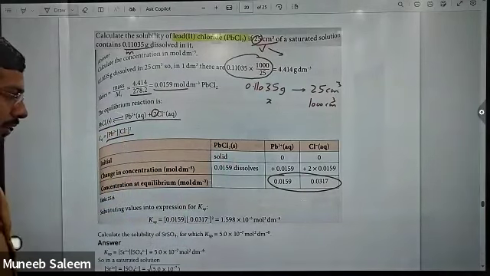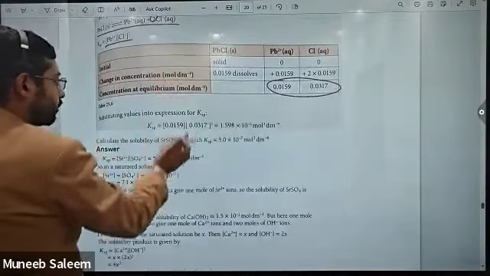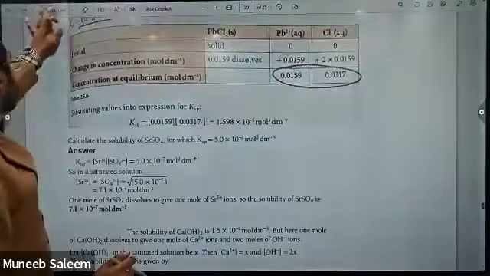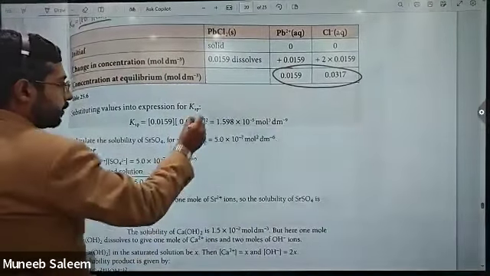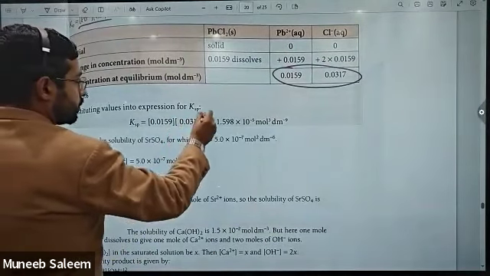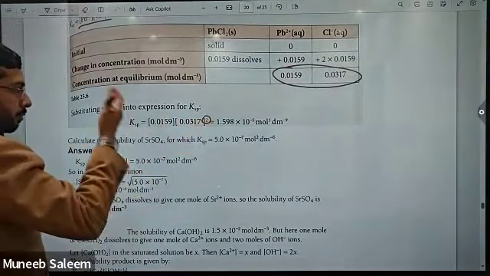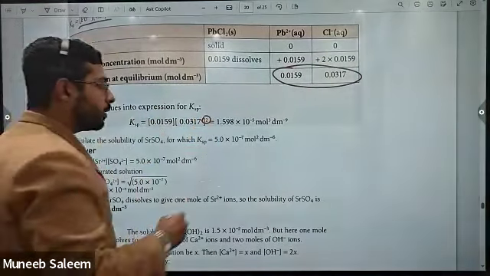After that, you have to take the square as well, since the chloride ions must be in the square form. Then you will use a calculator, calculate the value, and you get the answer.